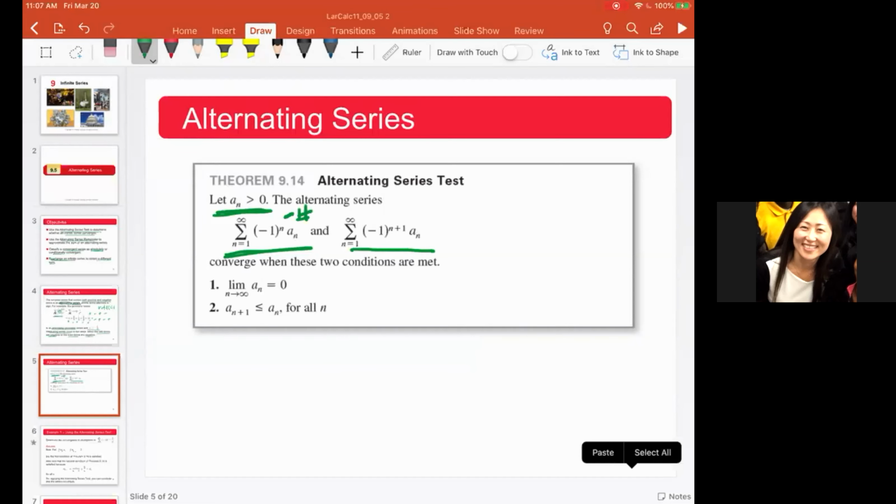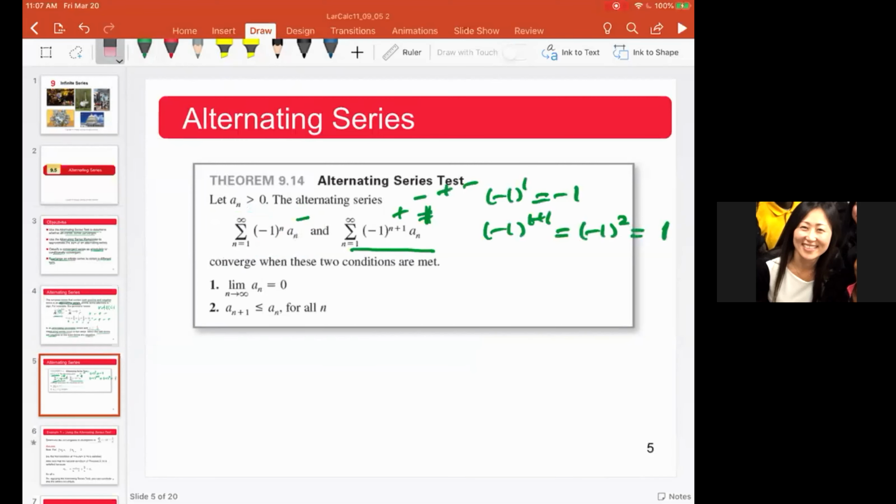In this case, it starts with a positive number, because -1 to the 1 gives you -1, while -1 to the 1 plus 1 is -1 to the second, which is +1. So this starts with positive, negative, positive, negative. This case is negative, positive, negative, positive. In other words, it's alternating between positive and negative.